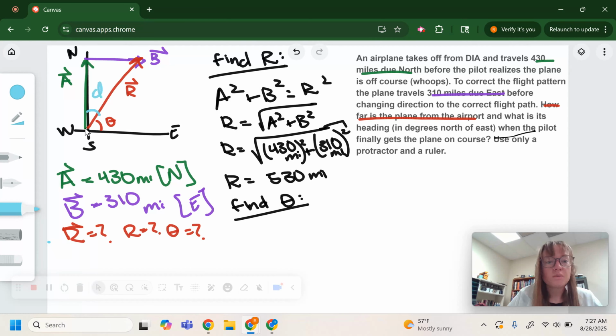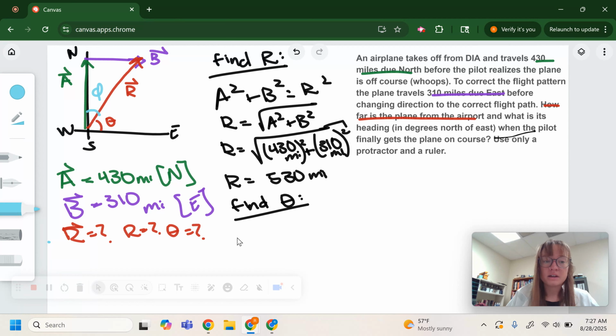One thing that you could do is you could find phi, then do 90 degrees minus phi, and that will give you this angle theta.